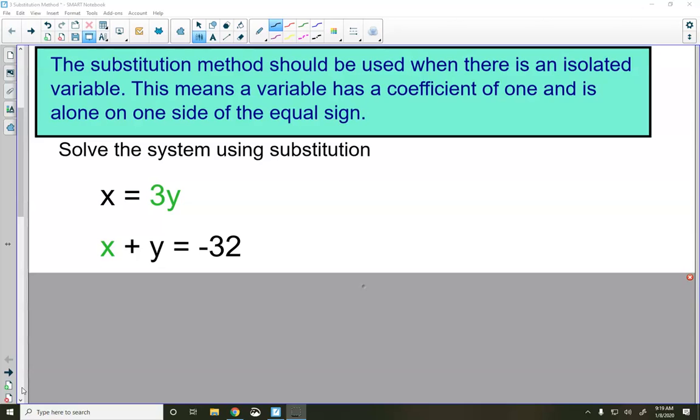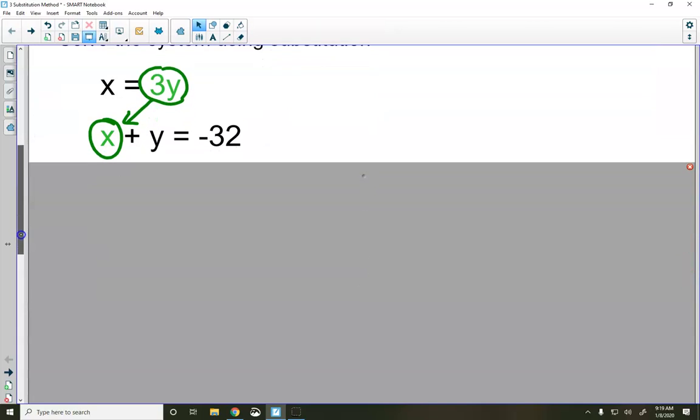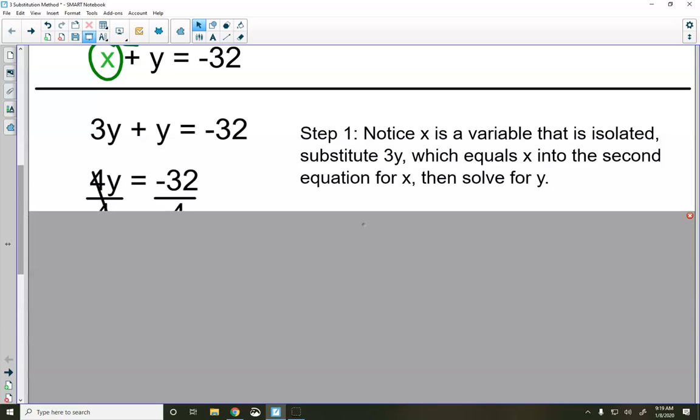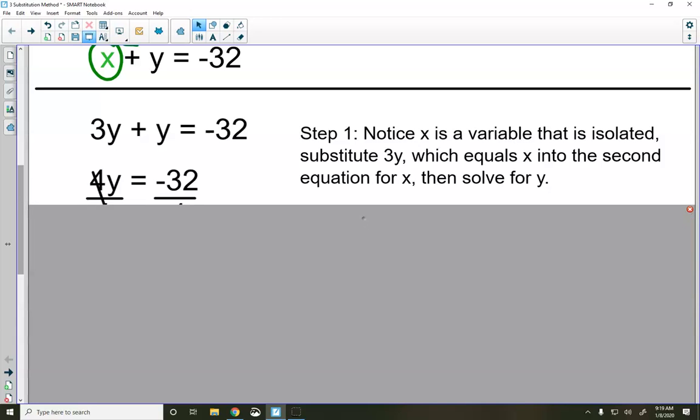So to do this problem, I can take the green x here, and the 3y, and I can substitute the 3y into x. By doing this, see how I now have 3y plus y equals negative 32?